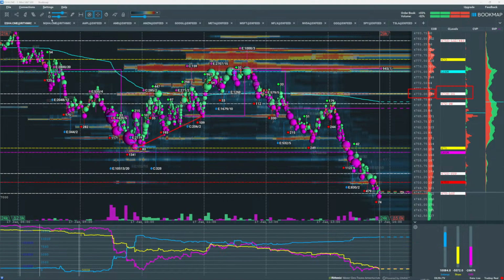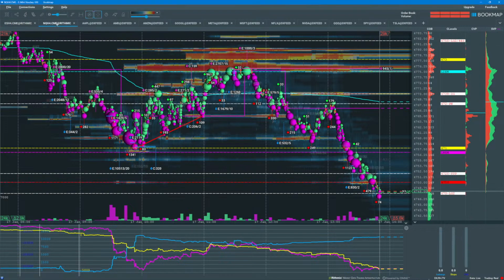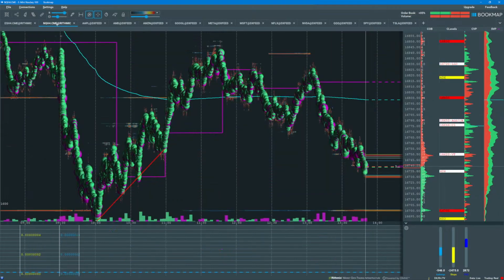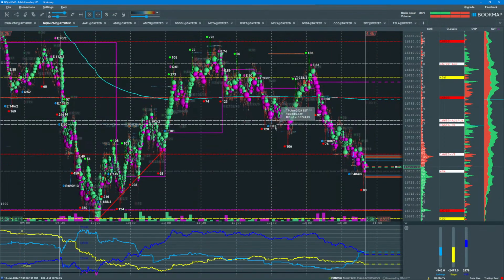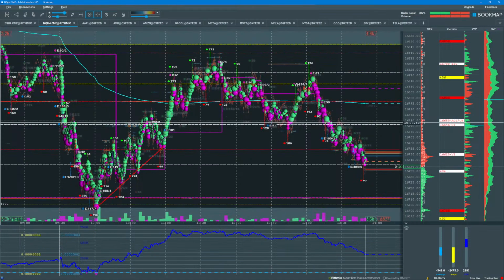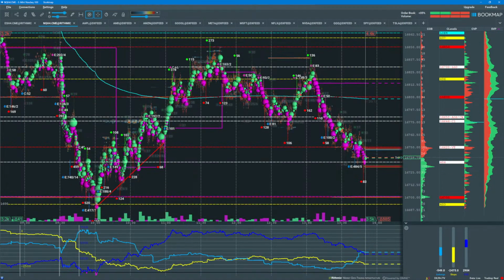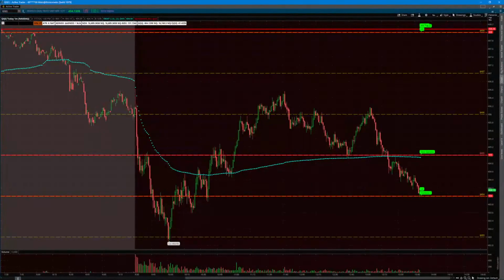All right, let's take a look at NASDAQ now. So this is the NQ futures in Bookmap. And before I take a closer look at this chart, I do want to take a look at a QQQ chart so we can isolate the levels in play for today. So this is a 1 minute chart. You zoom out just a little bit.